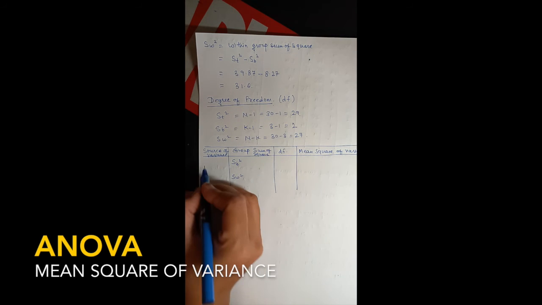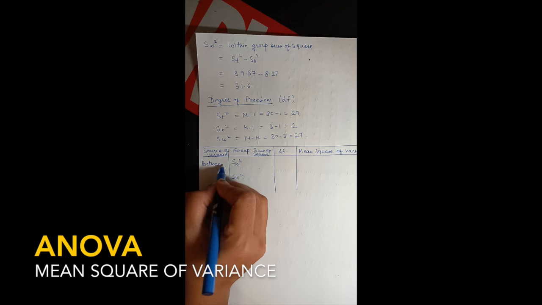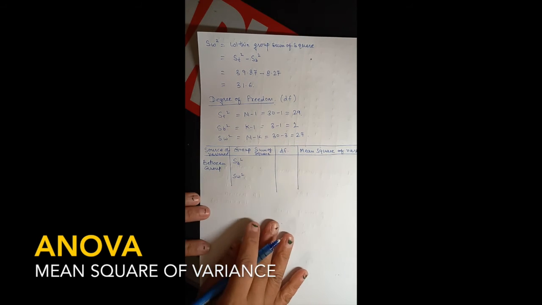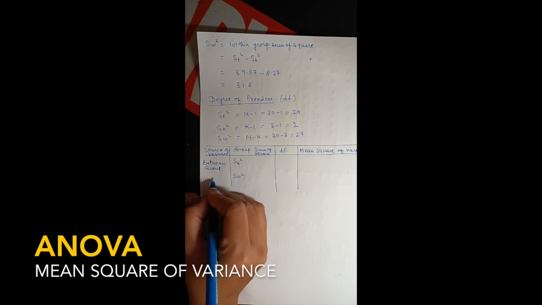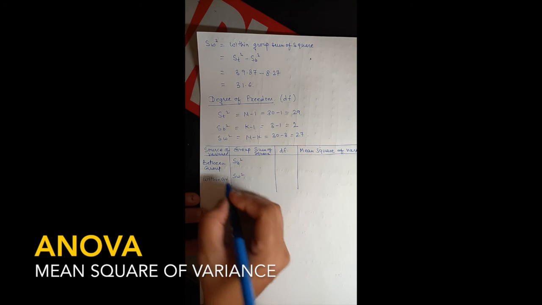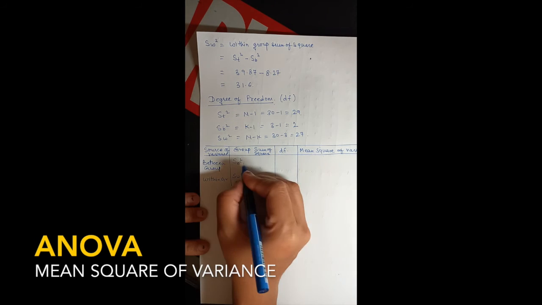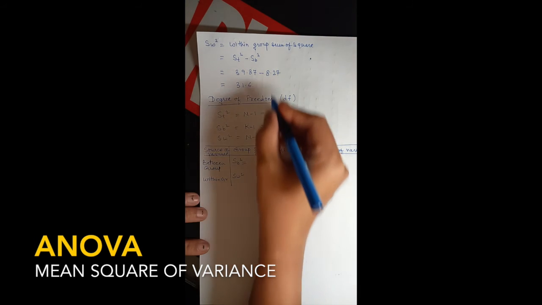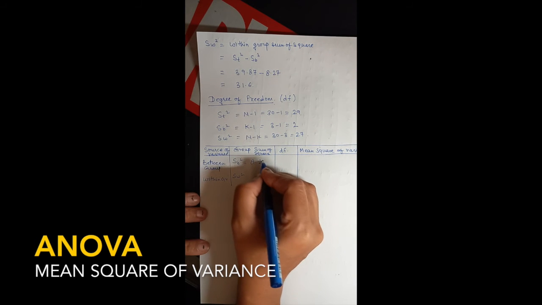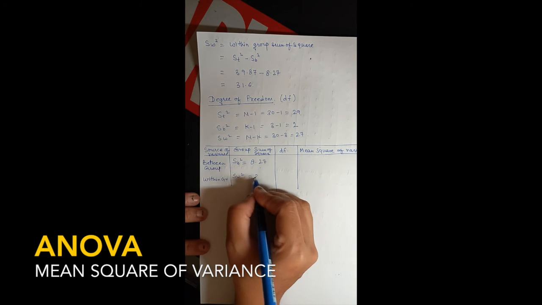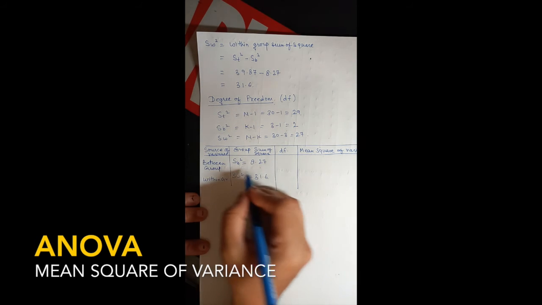So here we will place the values that we have calculated. We only need to place the values, and in the last column we need to calculate the mean sum of squares of between group and within group. That is very simple. We only need to place the values of the calculations that we have done. So here we are placing the value of SB square that we got. Now placing the value of SW square that we have got.